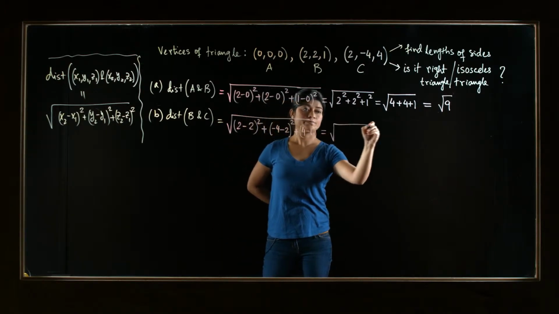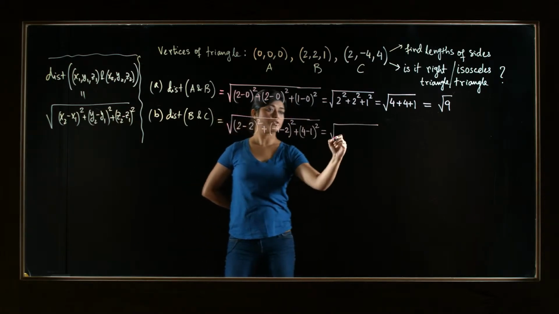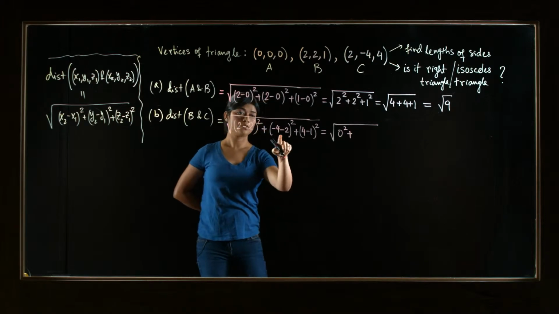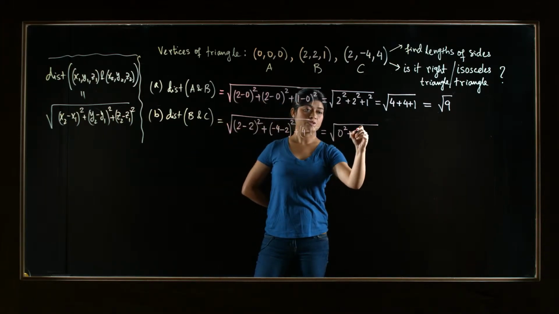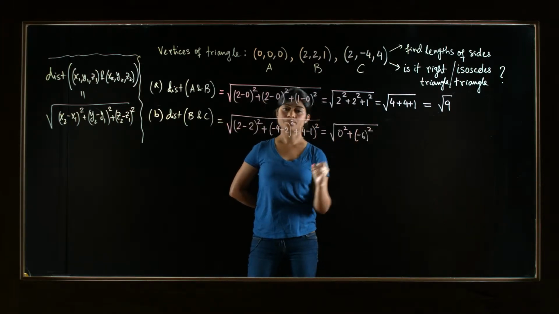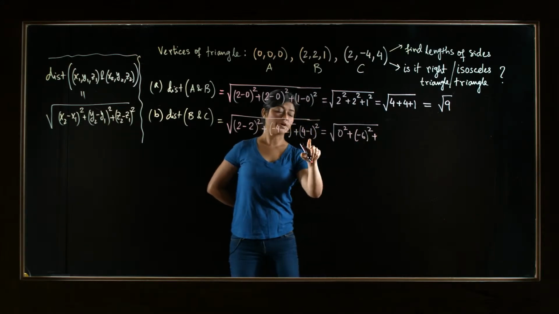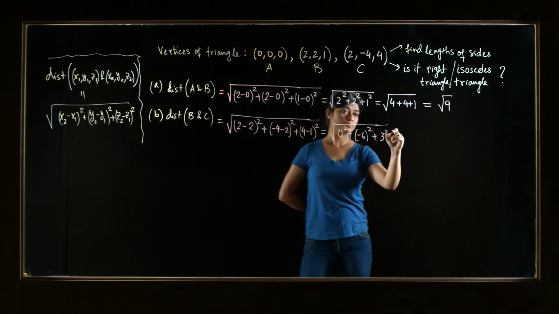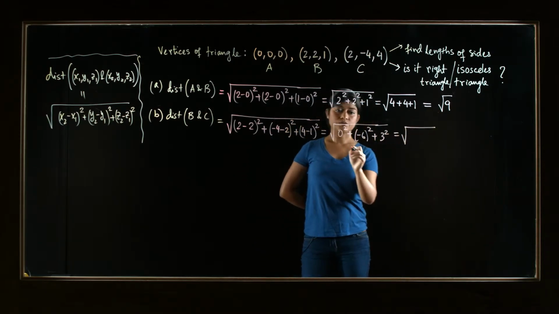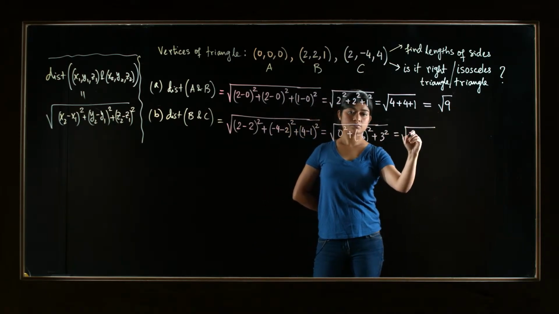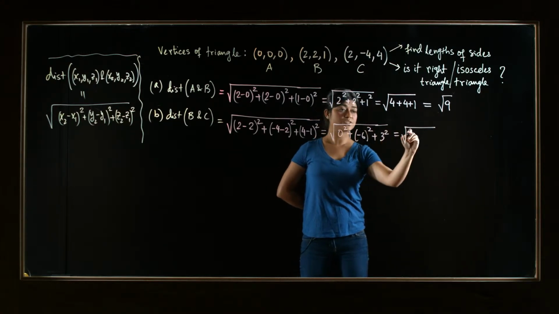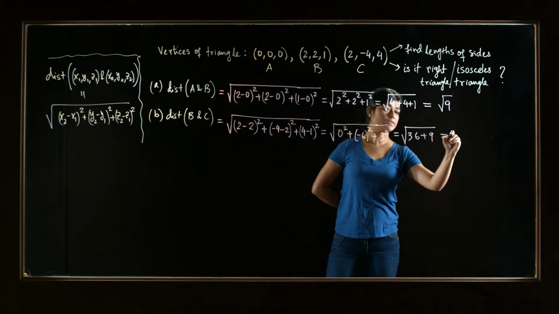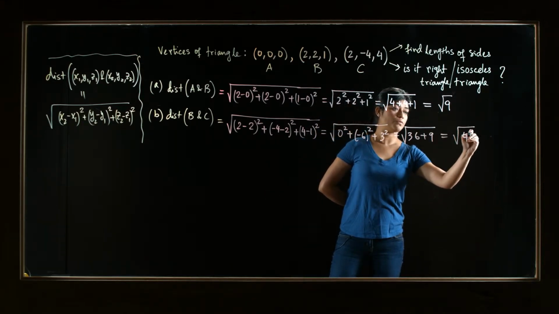And simplify. So 2 minus 2 is 0. Then we have negative 4 minus 2, so that's negative 6 square plus 4 minus 1 is 3 square. Okay, so negative 6 square is 36 plus 9, and that is square root of 45.